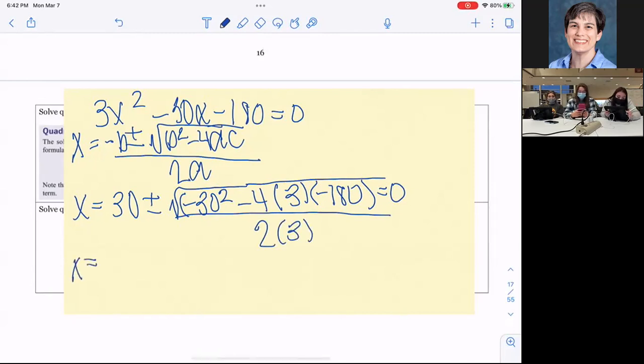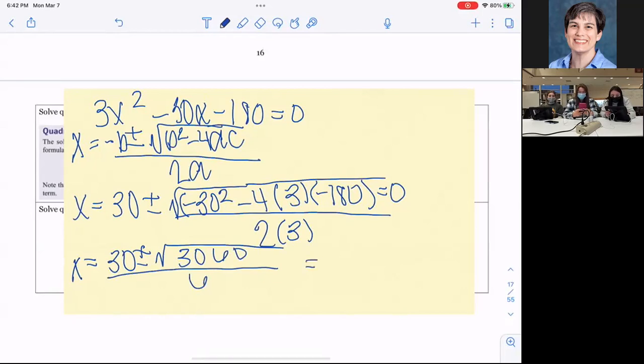So we'll have x equals 30 plus or minus, I'm still putting in the right numbers. Okay. It's going to be that over 6. 3060 over 6.